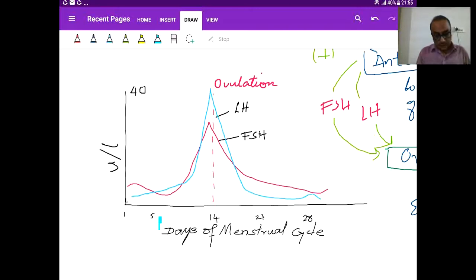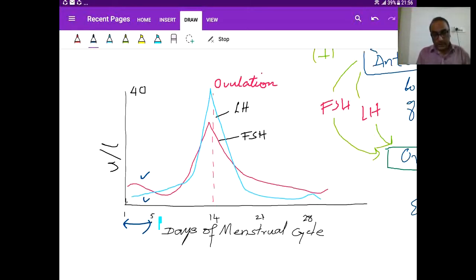the follicle stimulating hormone and luteinizing hormone both are in lower concentration in the beginning, that is during the menstruation phase. And here what we see is FSH is slightly declining and LH is gradually increasing during the menstruation phase.